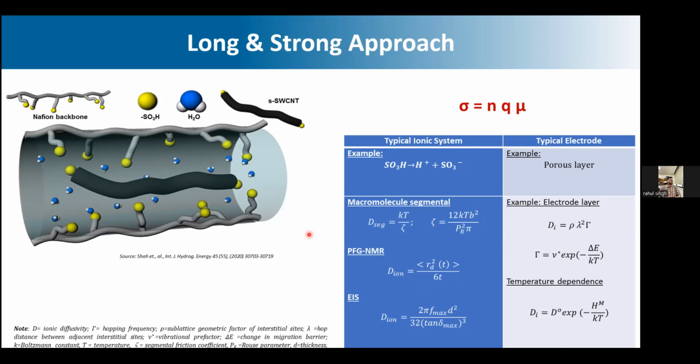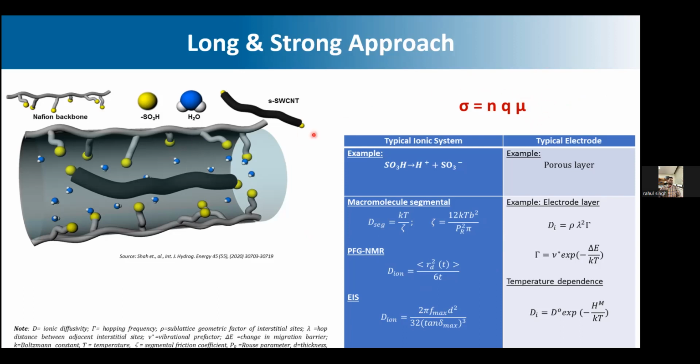So there are several types of systems we have prepared, and we have calculated the roles, whether the number of charge carriers is dominating or whether mobility is dominating in our system.